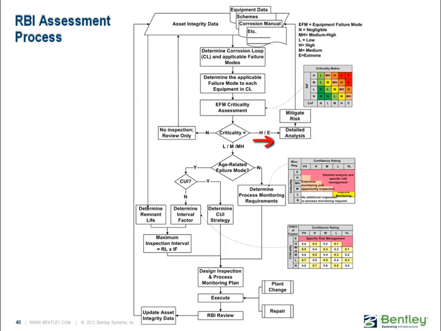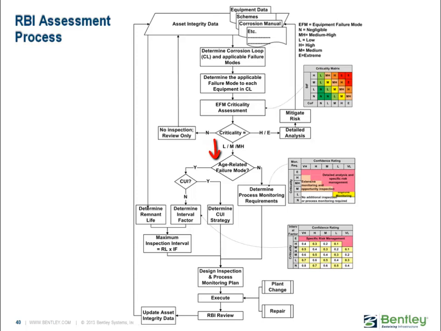For the high critical or extremely critical, we are supposed to do some detailed analysis and risk mitigation activities, which can be out of the APM RBI assessment methodology scope. For the criticalities of low, medium, and medium high, we will follow this part of the logical process.